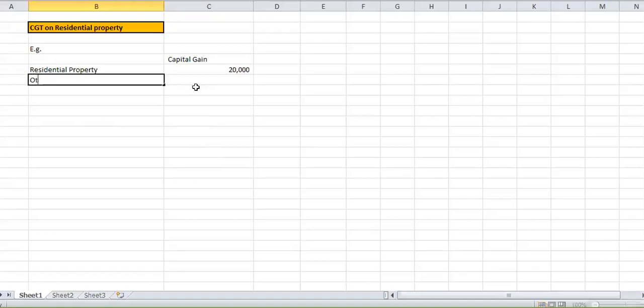And we have other capital gains other than residential property. So other than residential property, we have capital gains of say £40,000.